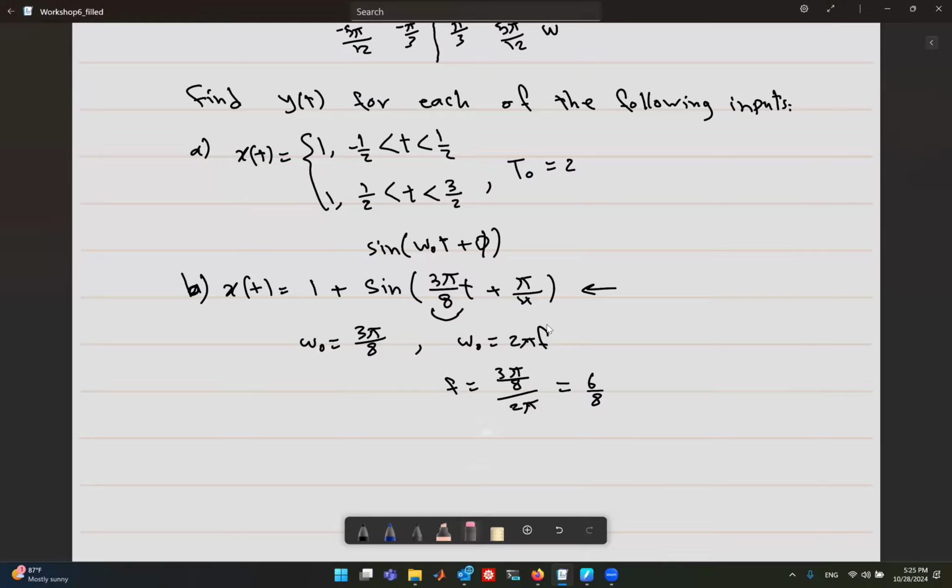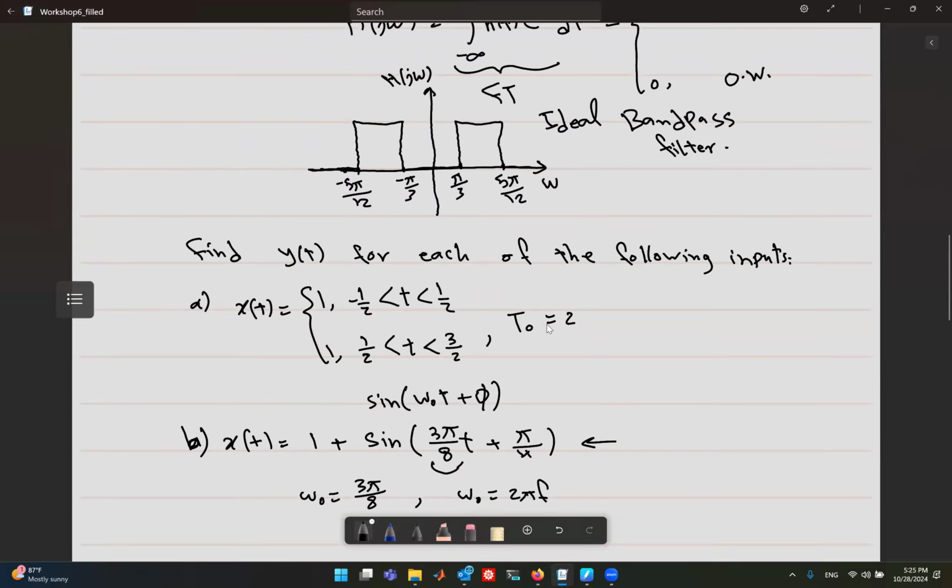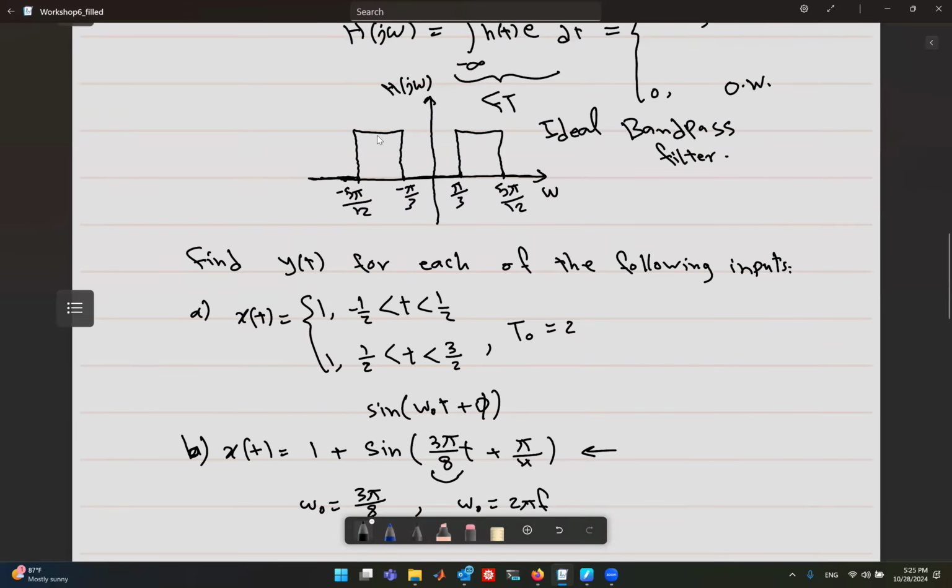Okay. We are mainly interested in the angular frequency, omega naught, which is 3 pi over 8. And if you remember what we were discussing when we were talking about the frequency response of this bandpass filter, what do you expect will happen when we have this input at this system?